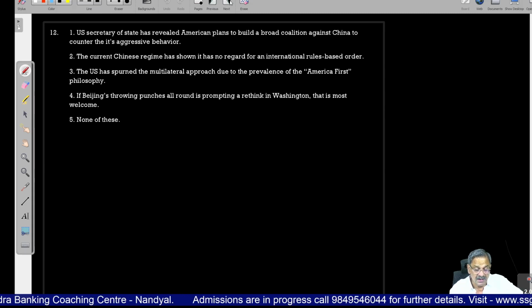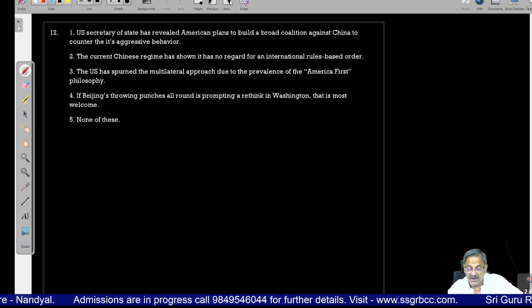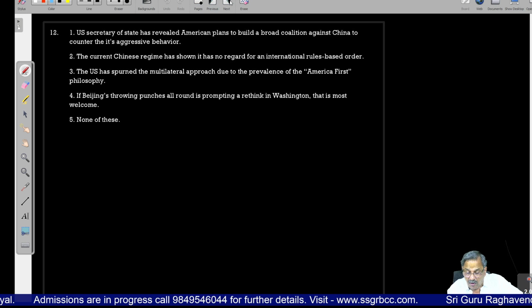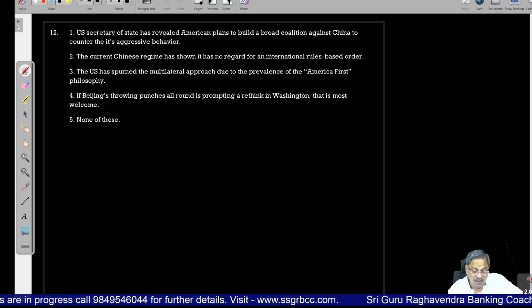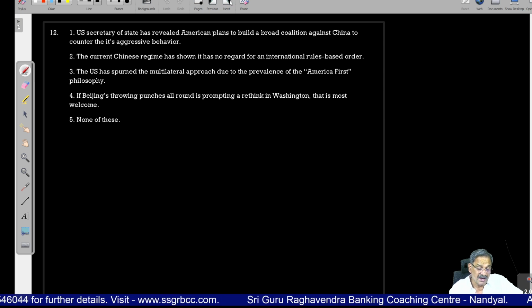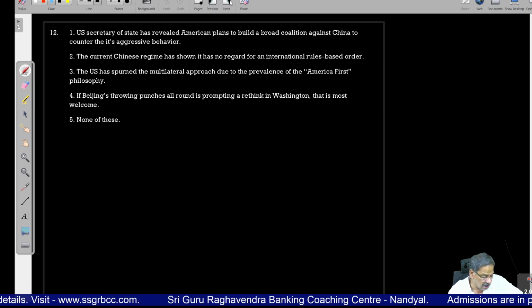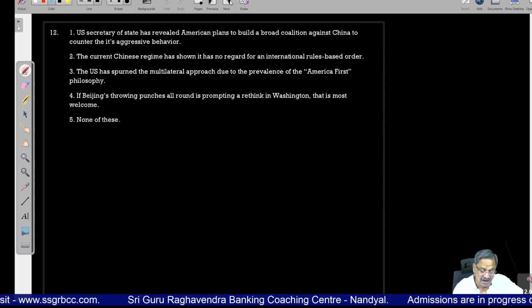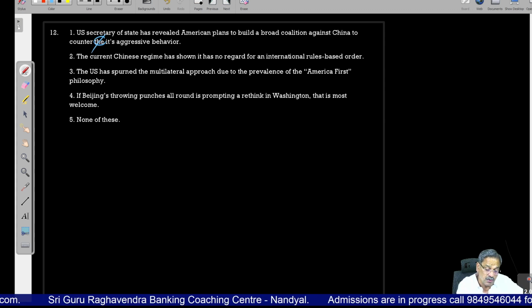Then the 12th one: the US Secretary of State has revealed American plans to build a broad coalition against China to counter its aggressive behavior. No need to go for the.